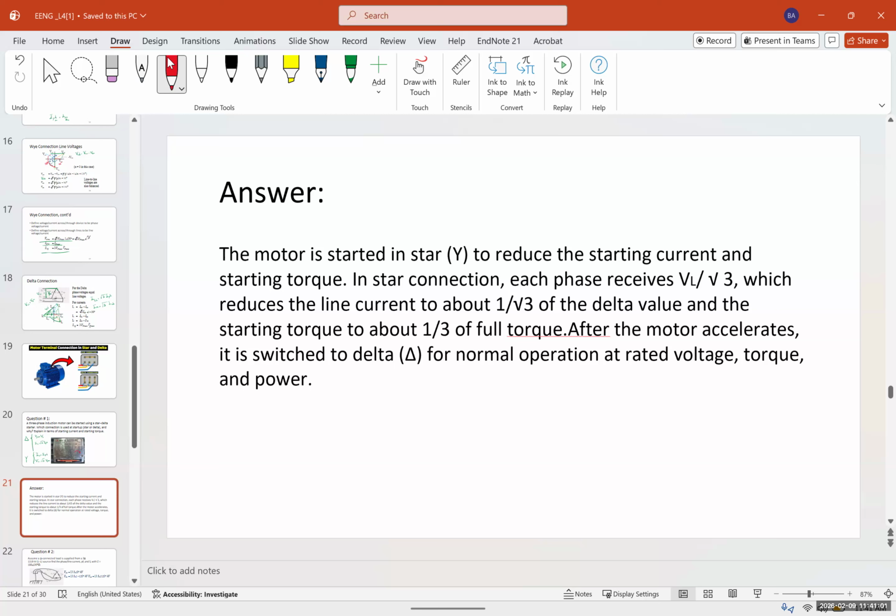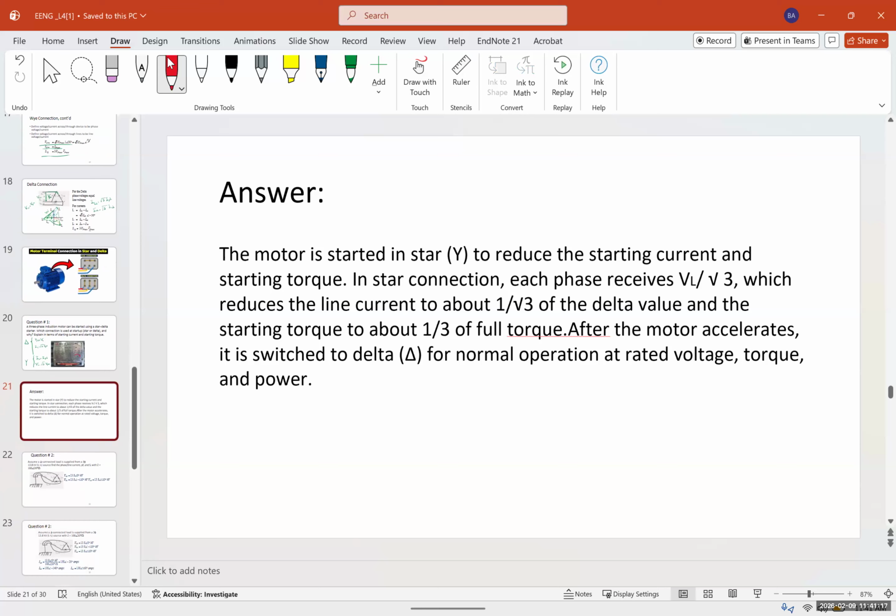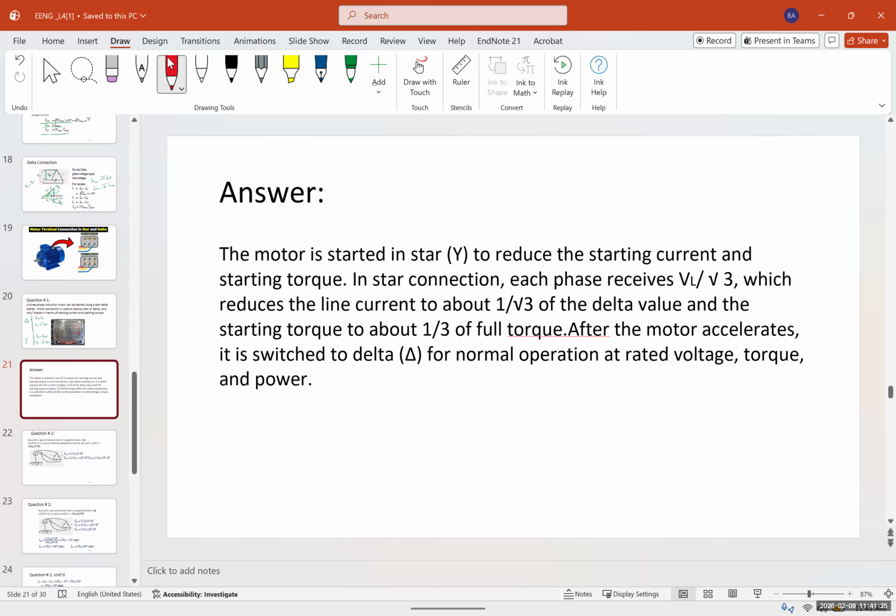And this transition is pretty seamless. It takes sometimes a couple of milliseconds, and we have a device that does that transition between Y and delta connection. Now, after the motor accelerates, it's switched to delta for normal operation at rated voltage, torque, and power.